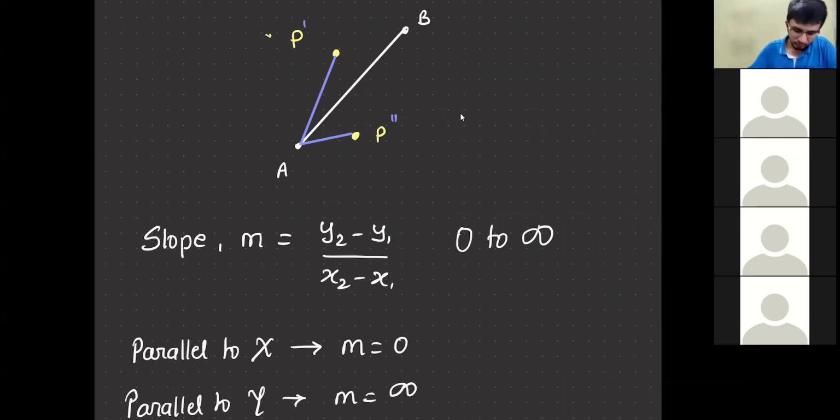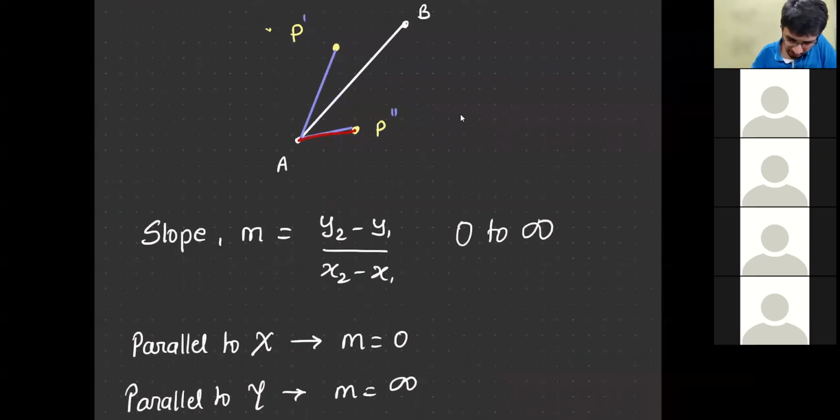So what I would do is, let's say my point could be like P dash or P double dash. I can compute the slope. Let's say P double dash is where my P is. So I'll compute the slope of AP double dash and AB.